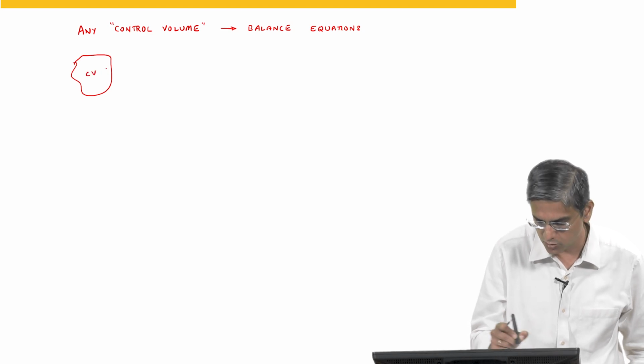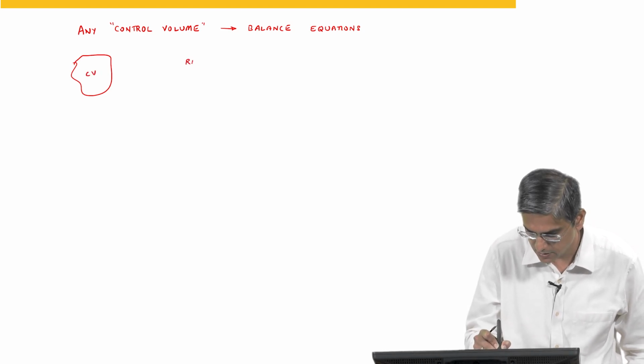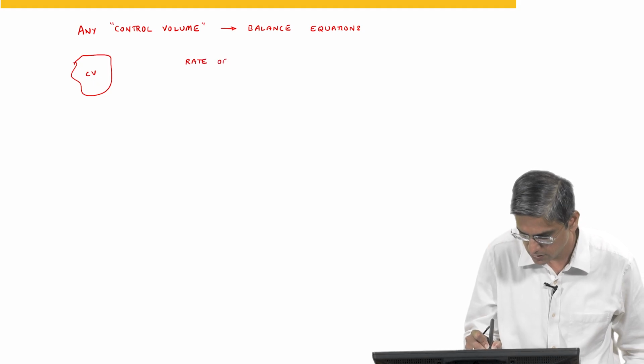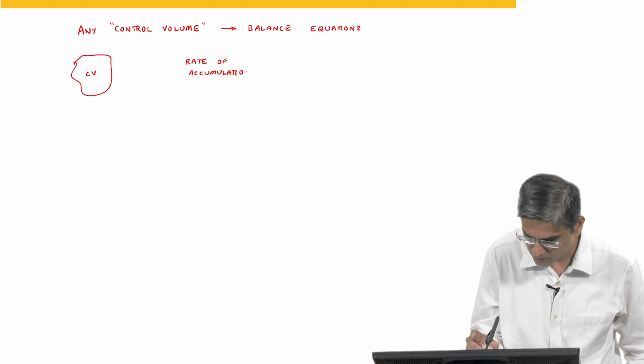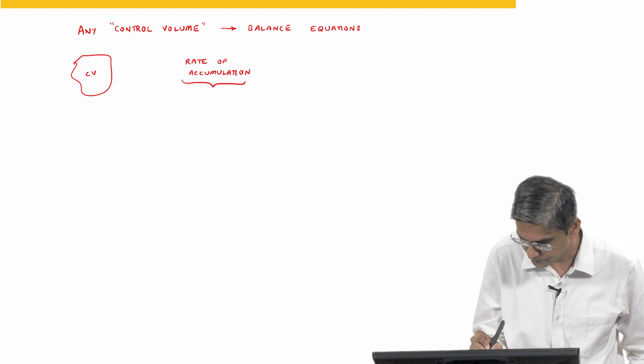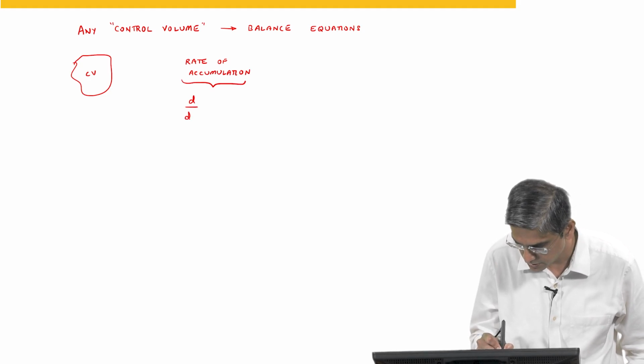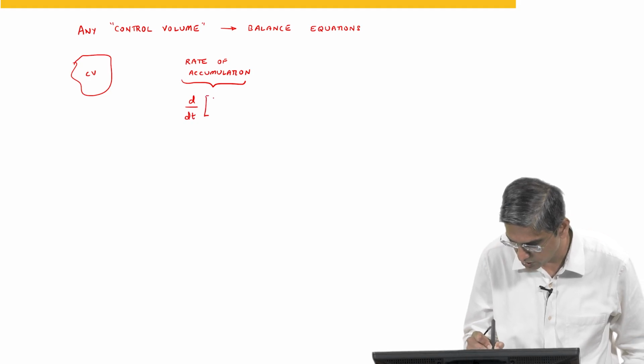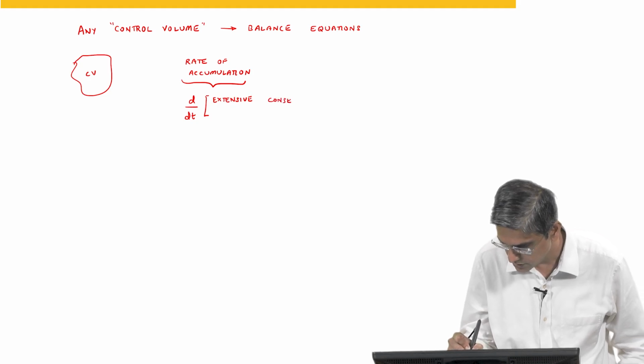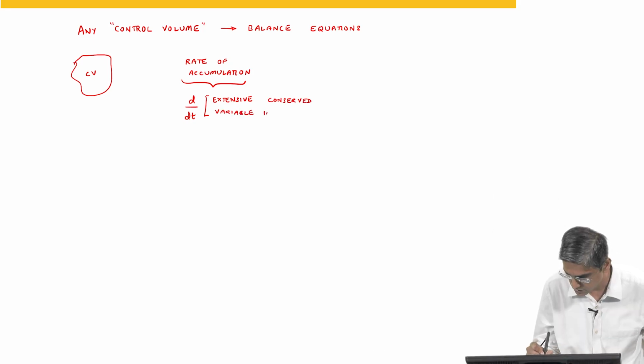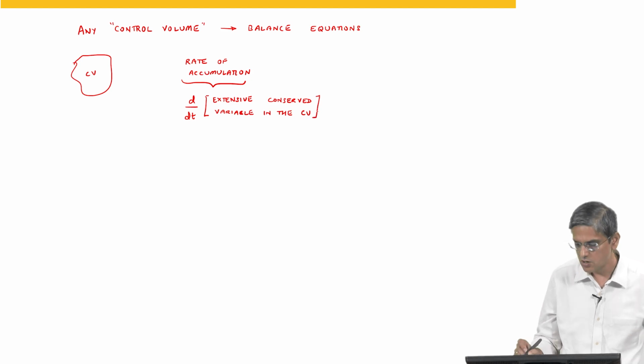So this is a control volume, and we said rate of accumulation, which is nothing but d by dt of an extensive conserved variable.